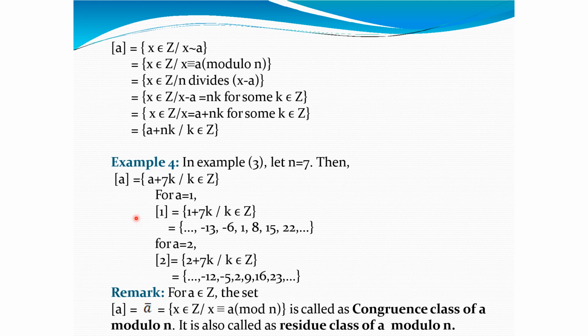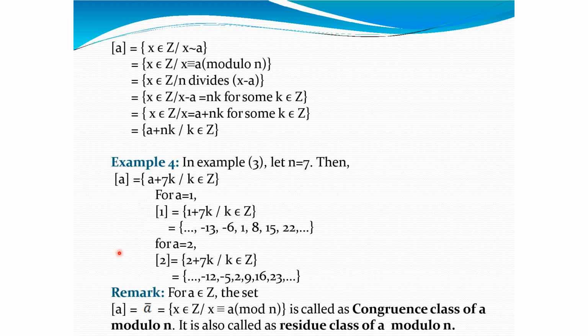So for k is 0, this will be 1 plus 7 into 0, which is 1. For k is 1, it is 1 plus 7 into 1, which is 8. Similarly, for k equal to minus 1, 1 plus 7 into minus 1, which is 1 minus 7, equal to minus 6. So in this way we get the equivalence class of 1.